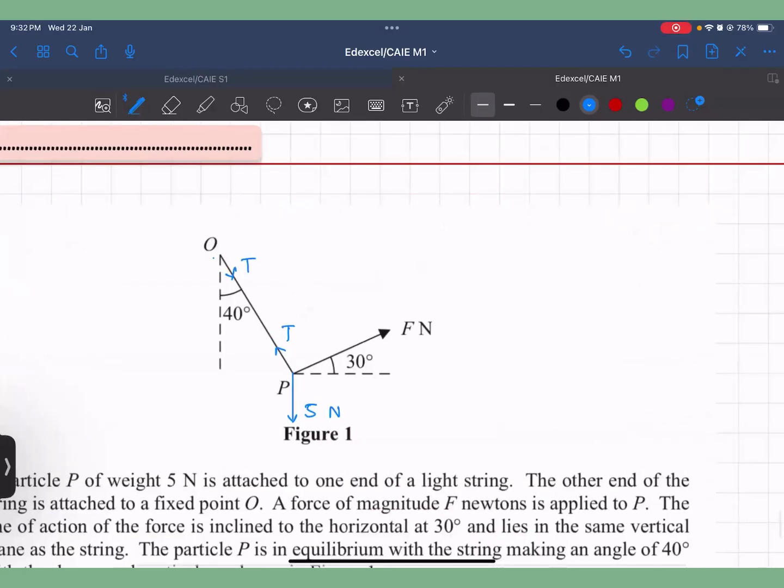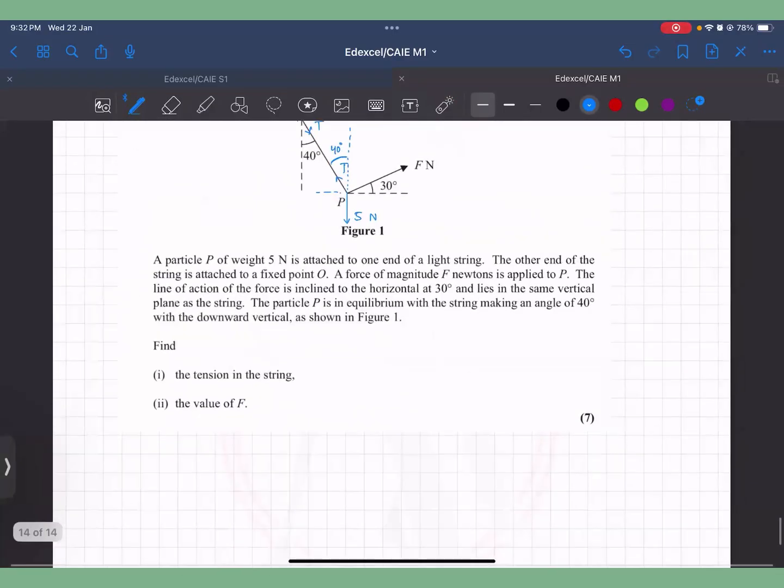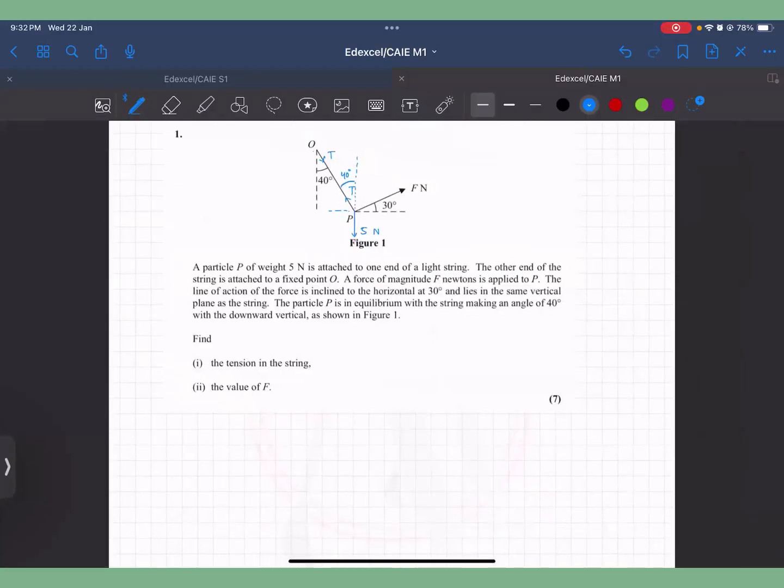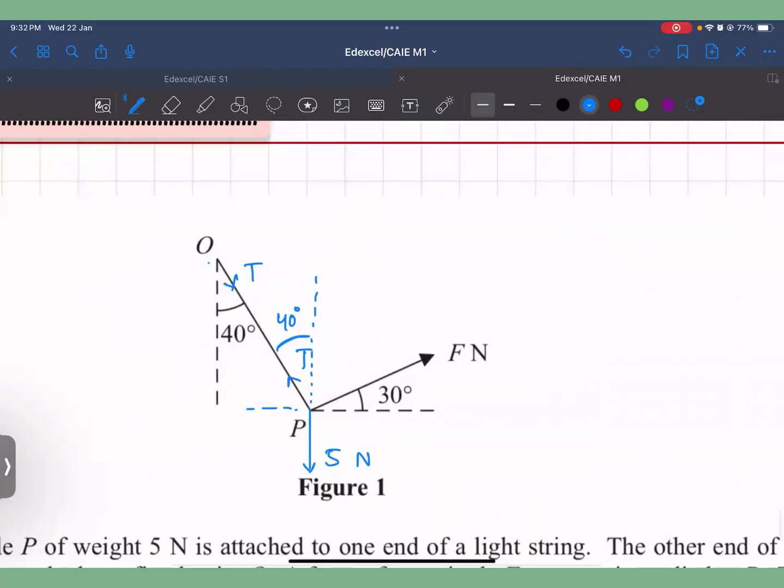So if we want to apply the simple angle properties, if I extend the vertical over here and the horizontal over here, we can apply the Z property. Look, this is the alternate angle property. So if this is 40, this would also be equal to 40 degrees. And now you break them down into components.